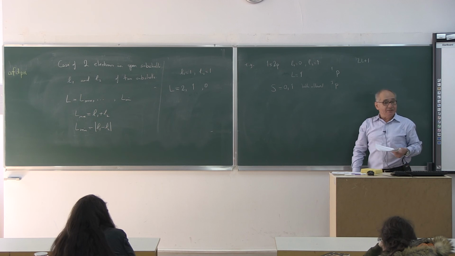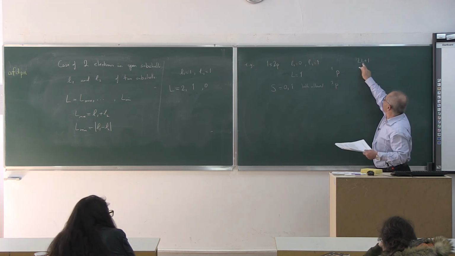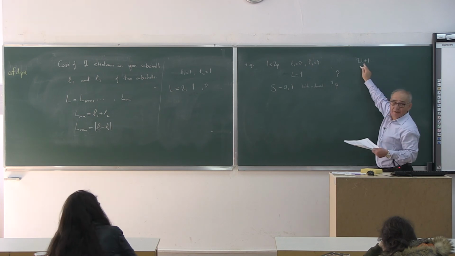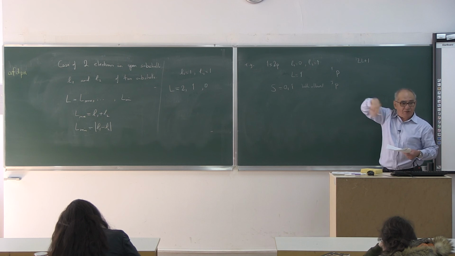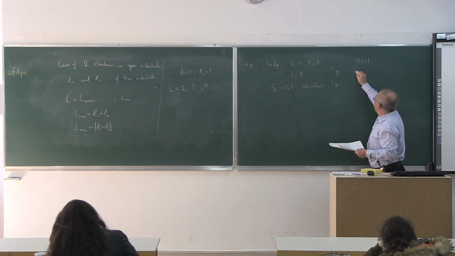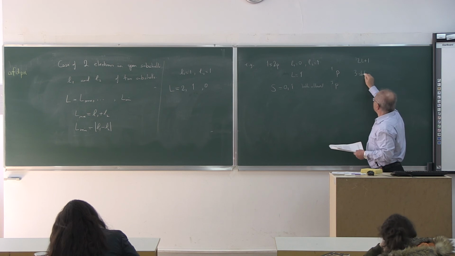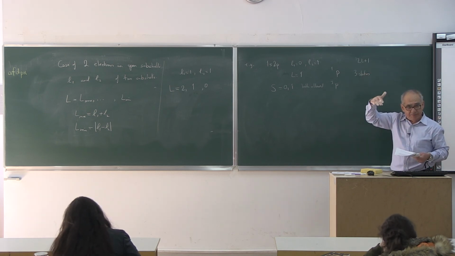This is the space degeneracy. So for P, this will give you 3. 3 times 1 is the total number of states. So here we have 3 states. All these 3 states will have the same energy.